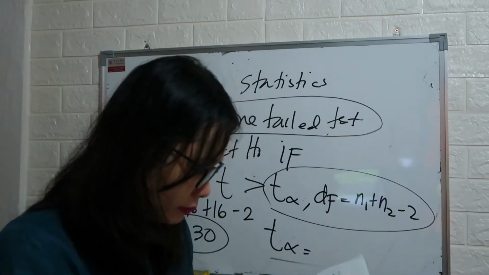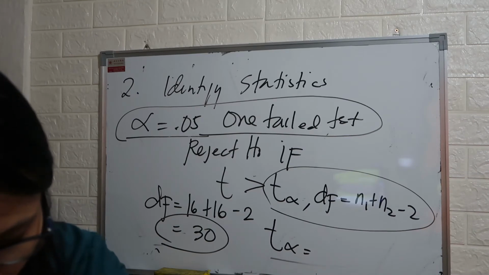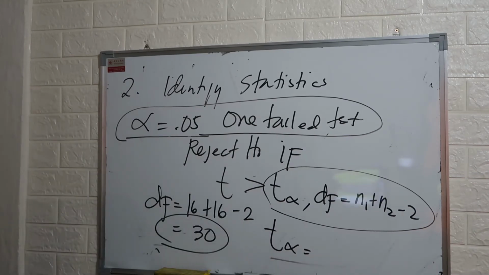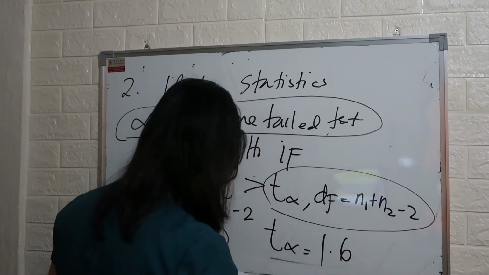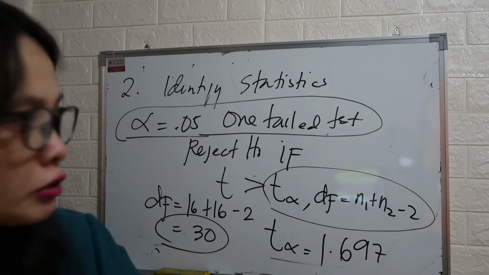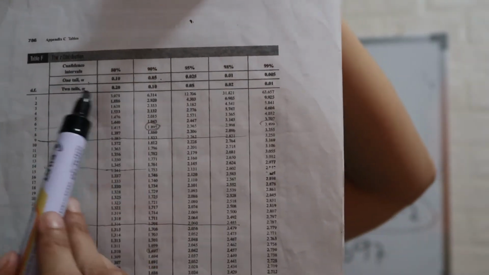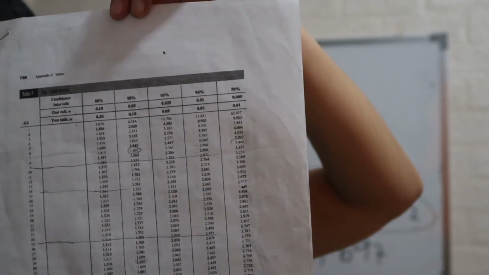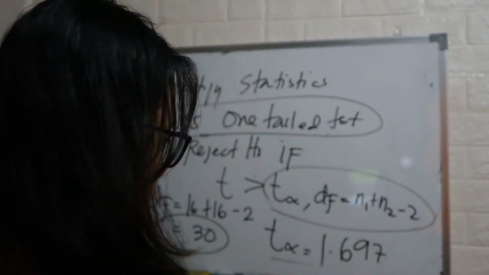So the answer will be 1.697. Again, to determine the T alpha, alpha is 0.05 one-tailed. Using the T distribution table, look for one-tailed, then 0.05 and then 30. That will be your T alpha, which is 1.697.